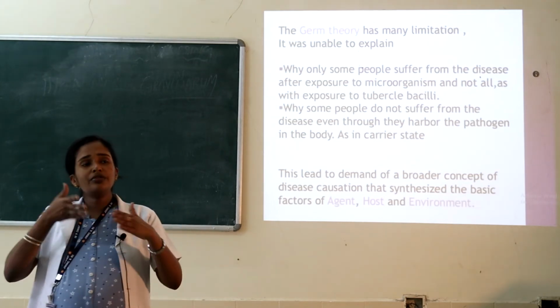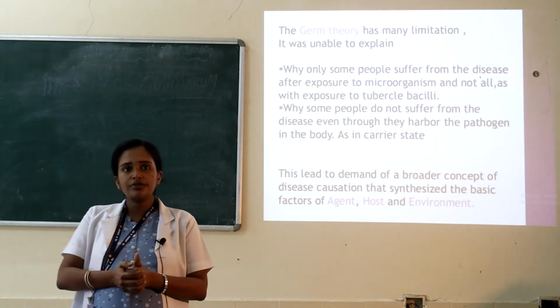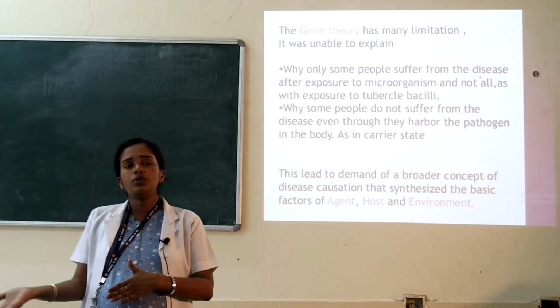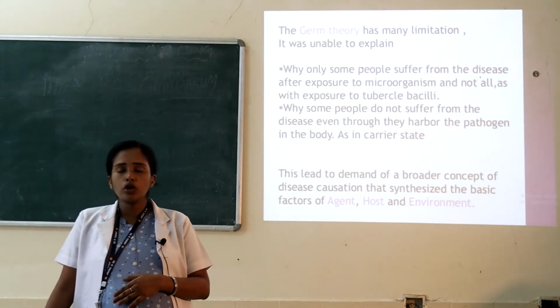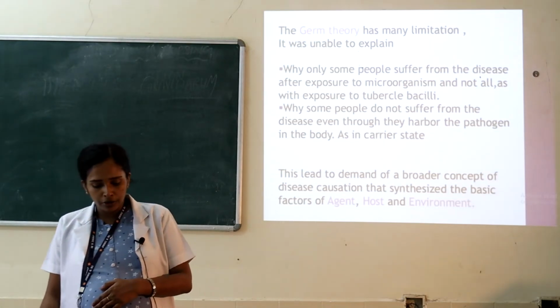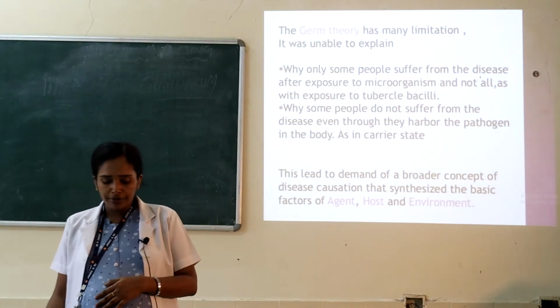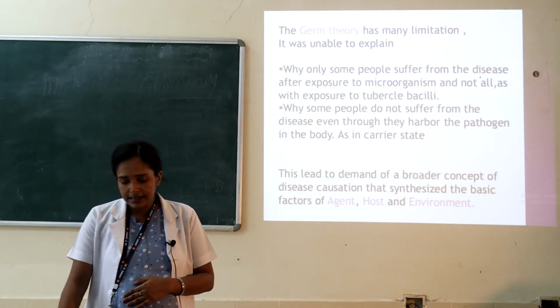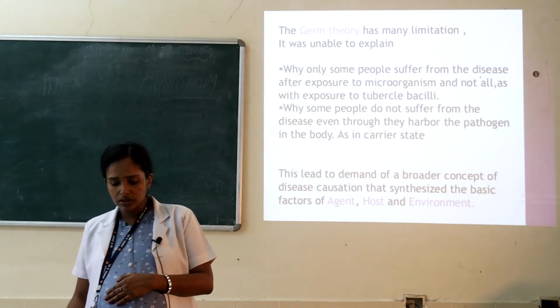Because of these limitations and drawbacks of germ theory of disease, it led to another concept of disease causation, another theory of disease causation. This led to a demand for a broader concept of disease causation that synthesizes the basic factors of agent, host and environment.